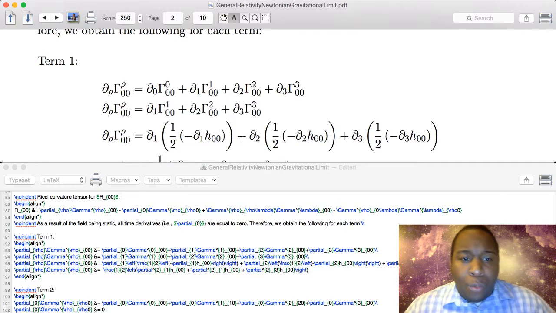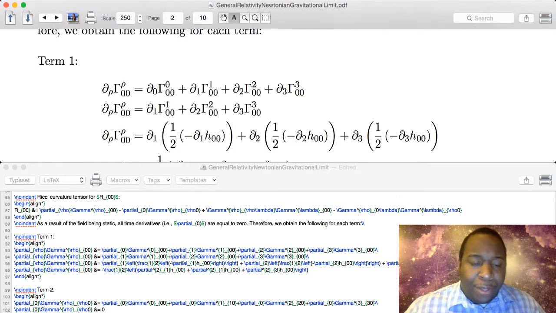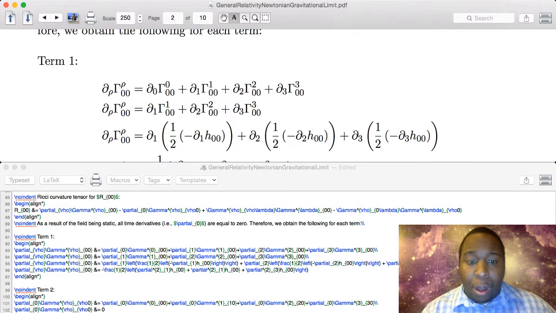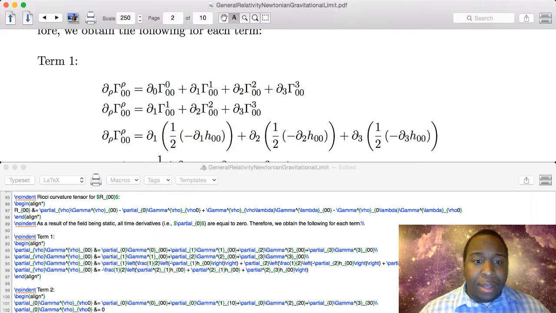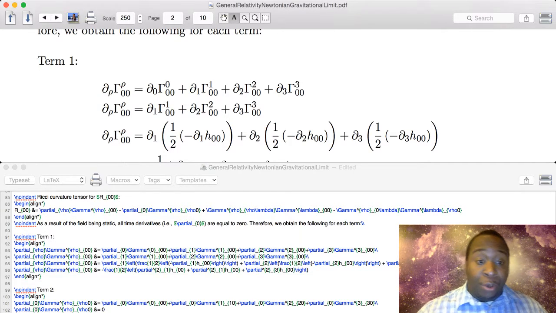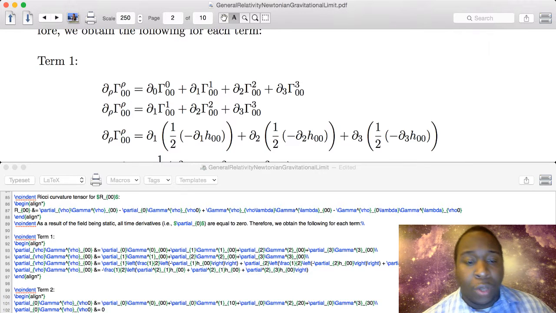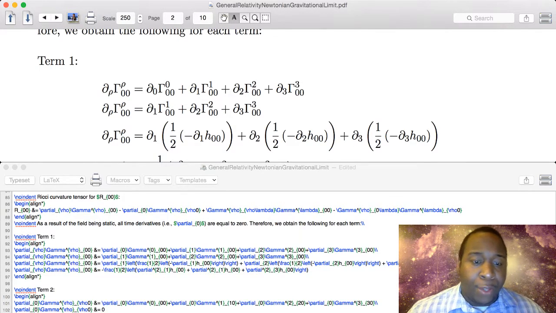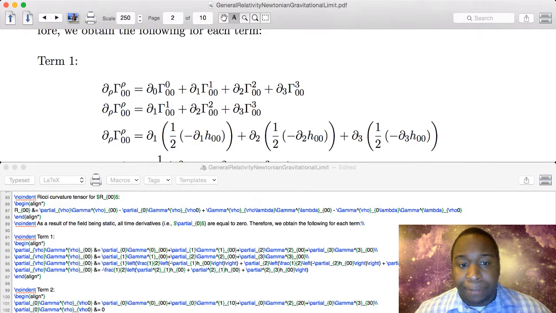So I've modified the first equation for term 1 so that it shows all the components that will be present on the right-hand side of the equation. And so this should be a partial with respect to the 0 coordinate, which in this case is our time coordinate, with a gamma superscript 0 subscript 0, 0.